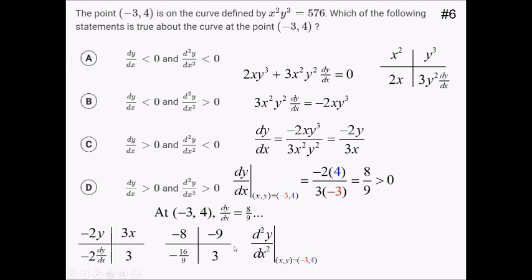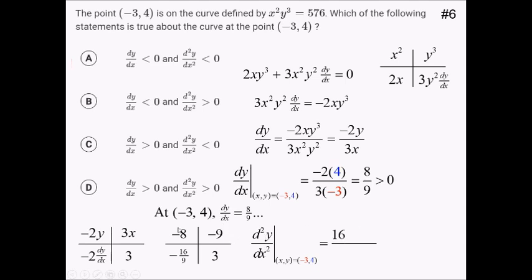Now, for the quotient rule, I have to do u prime v minus u v prime, all over v squared. So let me just follow the ribbon to write all that out. I've got a big fraction here, and I've got negative 16 ninths times negative 9. Negative 9s cancel, that's just going to be 16.